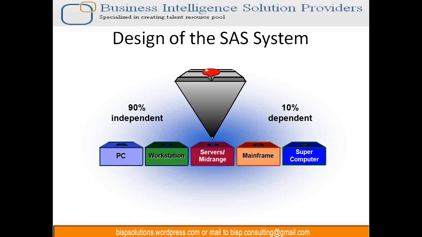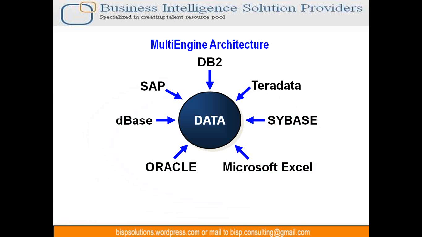That's the reason it is compatible with any kind of operating system. We can even work with it on Macintosh also. Coming to accessibility, here I can simply call this a multi-engine architecture.